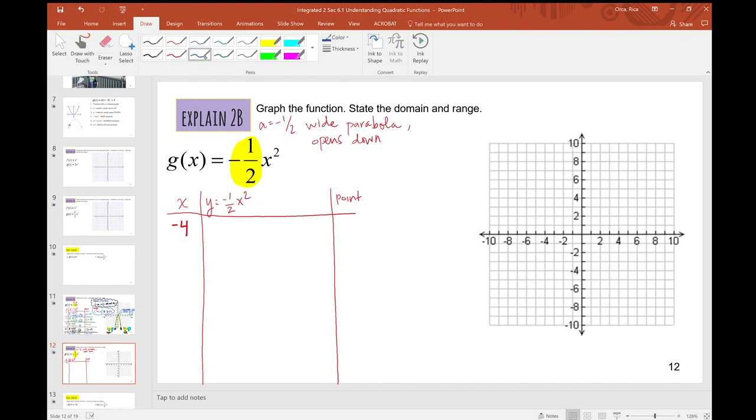When x equals -4, y will equal -1/2 times -4 squared. That's -1/2 times 16, which is -8. Our first point is at -4, -8.